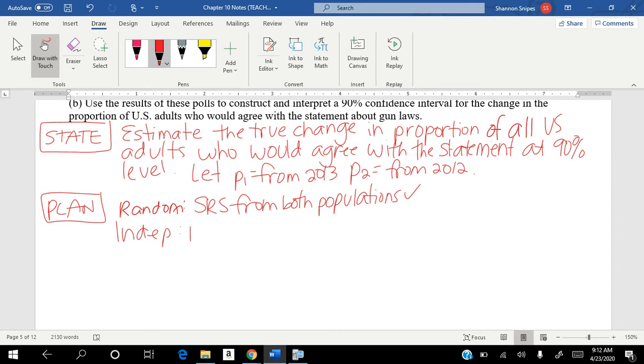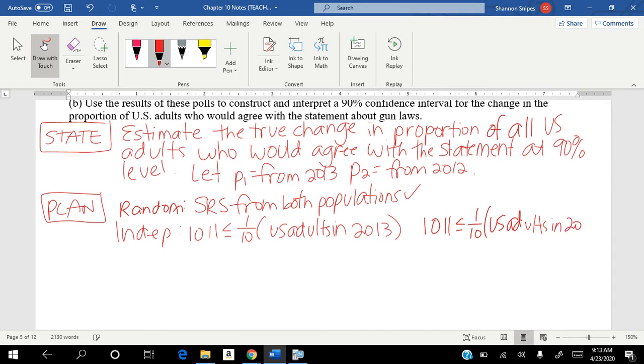So is 1,011 less than or equal to 1/10 of the U.S. adults in 2013, and the same sample size, and we need to check if that's less than or equal to 1/10 of U.S. adults in 2012.